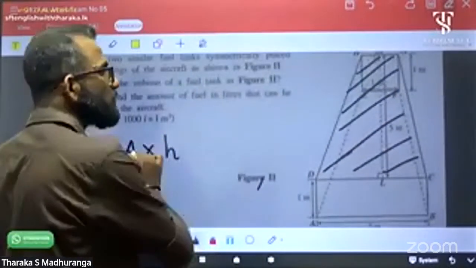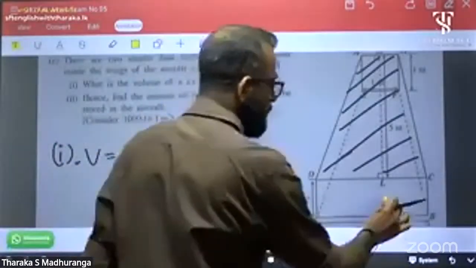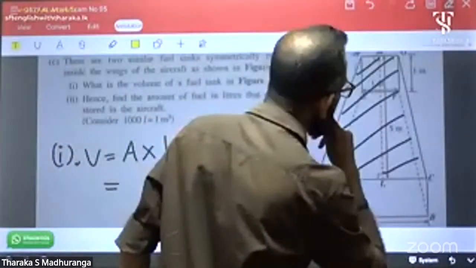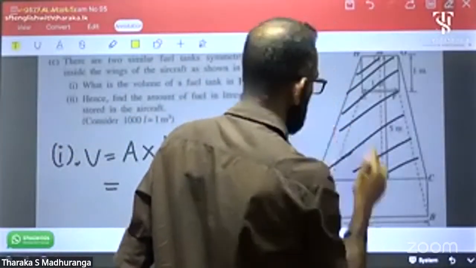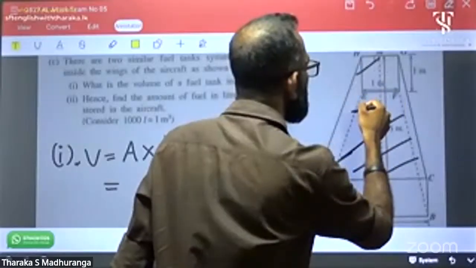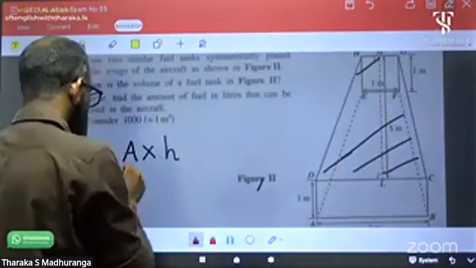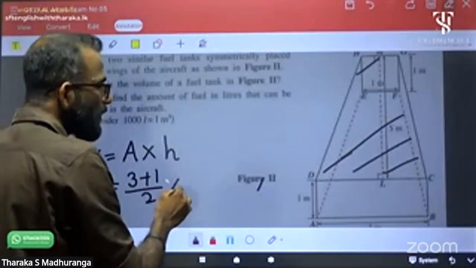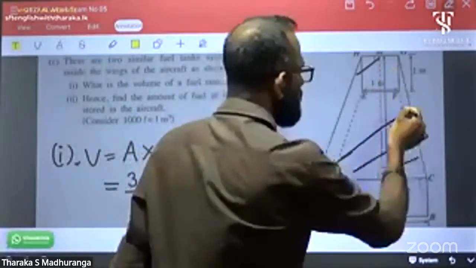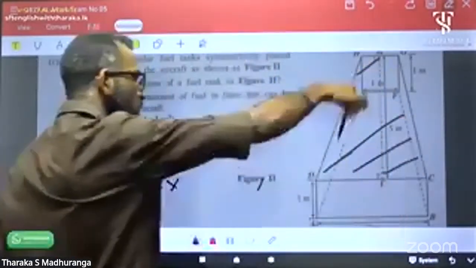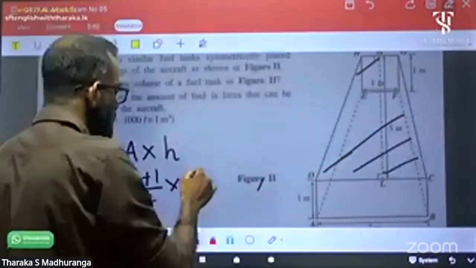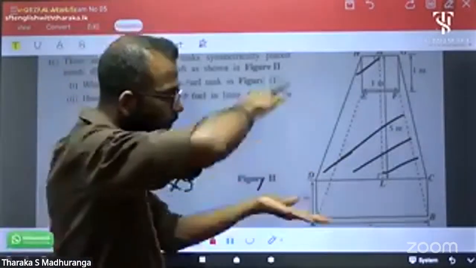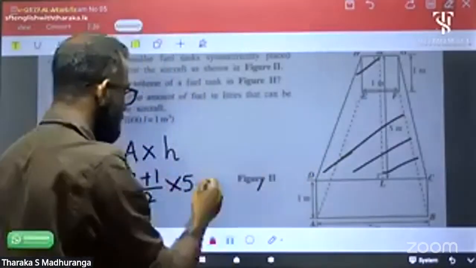Now you can get the trapezium area. It is 3 meters and above 1 meter. 3 plus 1 over 2 multiplied by the perpendicular height, which is 5 meters. The trapezium perpendicular height is 5 meters. And the fuel tank uniform height is only 1 meter.